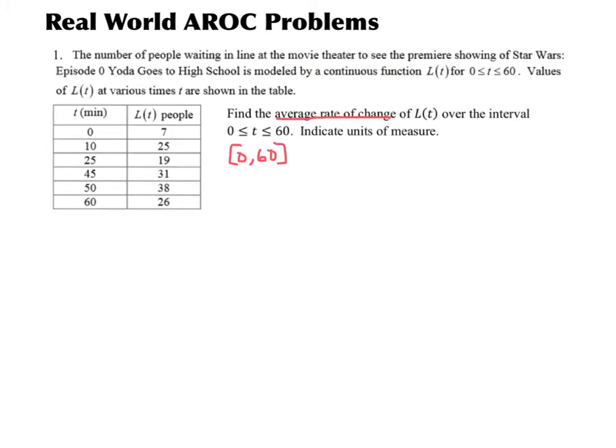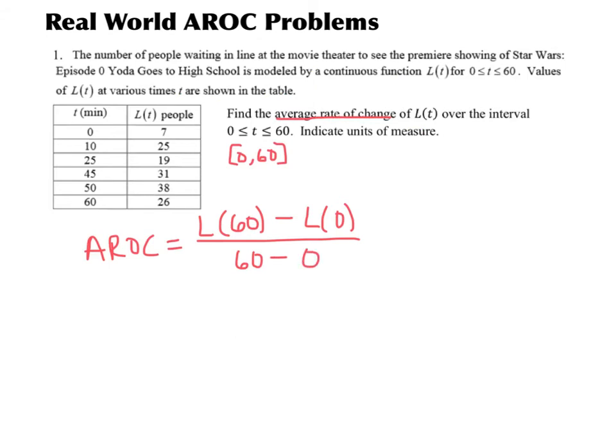Okay, so any way that we're doing this, now before we did it from a function, from an equation, now we're doing it from the table. Same idea. Average rate of change is equal to, in this case, L is our function, so we'd say L of 60 minus L of 0 over 60 minus 0, because that was our A and our B of our interval.